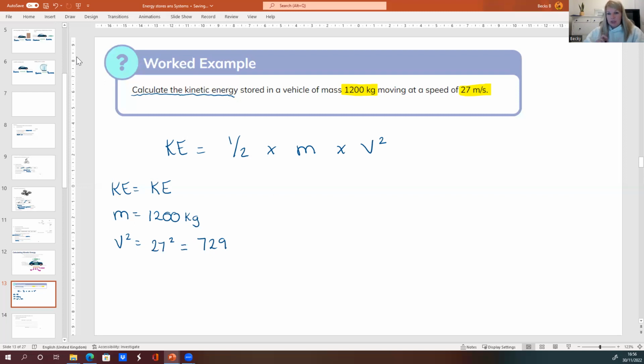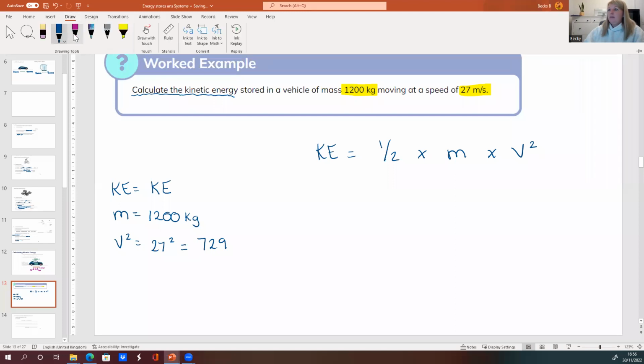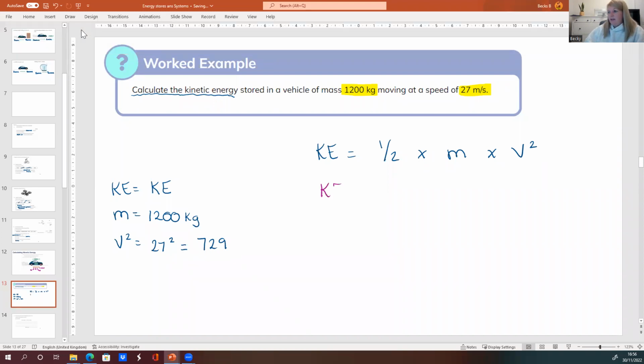Right, now I'm going to substitute. Now I've got my numbers in one place, I'm going to substitute them into my equation. Because of the power of technology, I can just budge these across. So KE, I don't know KE, so I'm going to leave that as KE equals, I'm going to convert my half to 0.5 because that's how I'm going to type it in my calculator, times mass, 1,200, times the velocity squared.